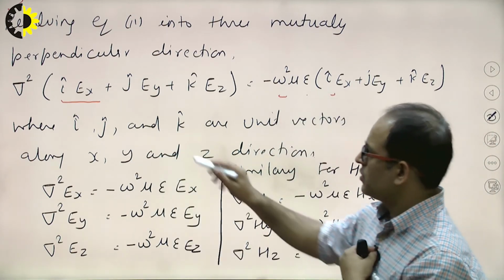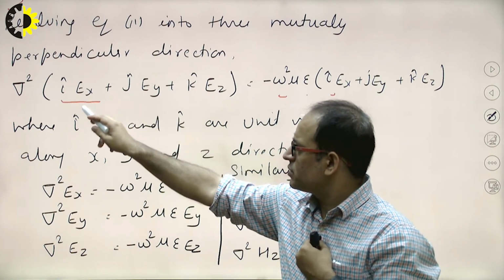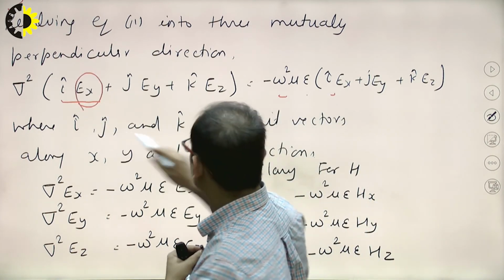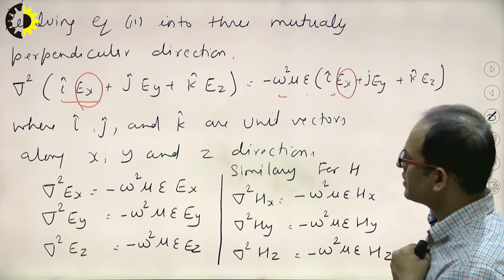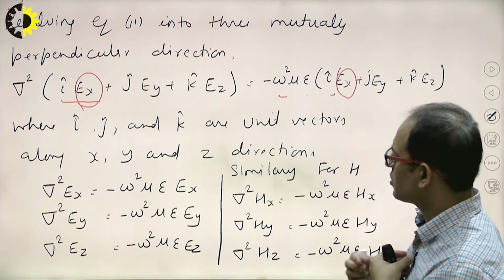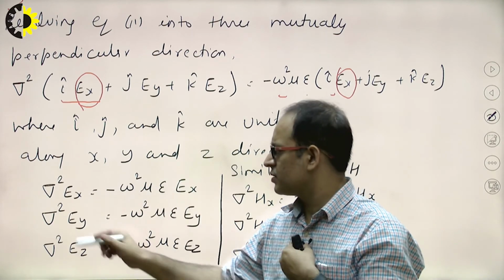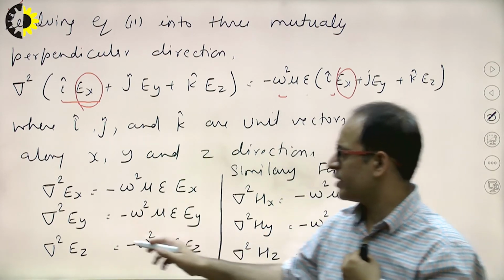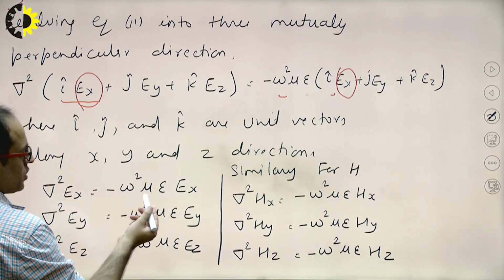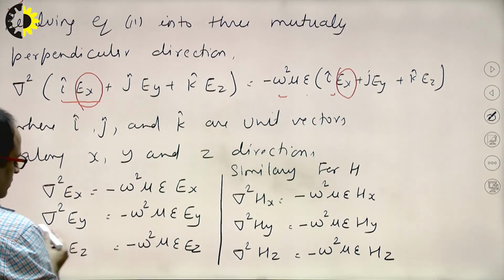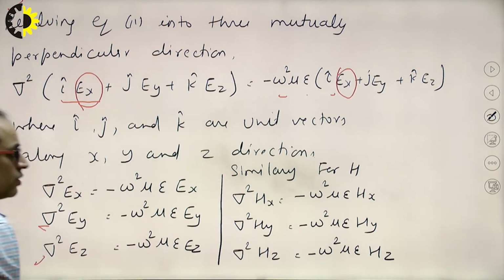On comparing the unit vectors on the left hand and right hand side, you will get del square Ex equal to minus omega square mu epsilon Ex. Similarly you will get this one.